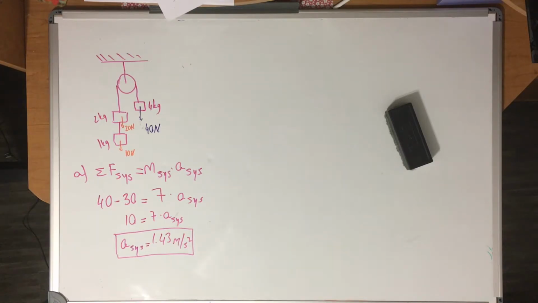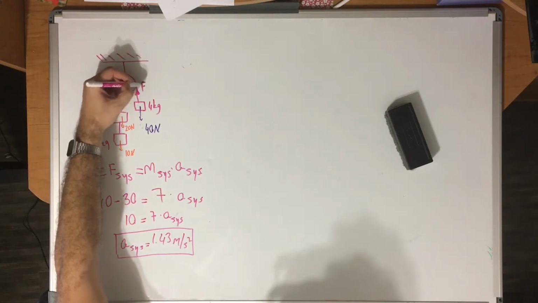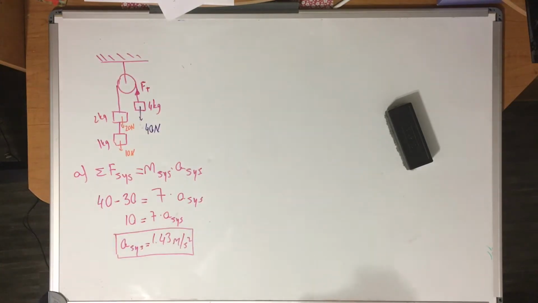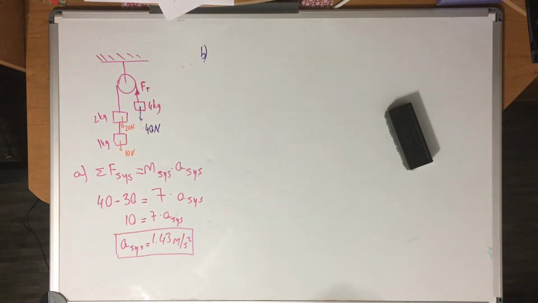In part B, they're asking for the tension on the string that is attached to 4 kilogram object. So they're basically asking for this tension in second part. And since they're asking for tension, we can go individual forces, individual masses. So what's the free body diagram of that 4 kilogram object?